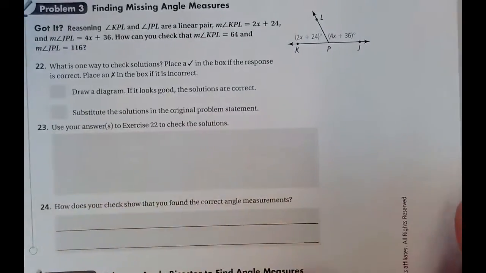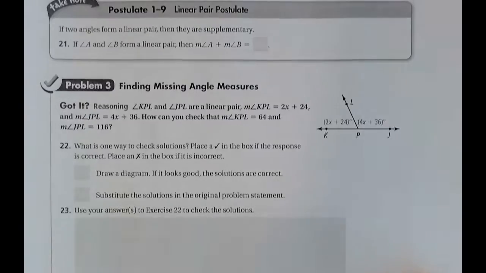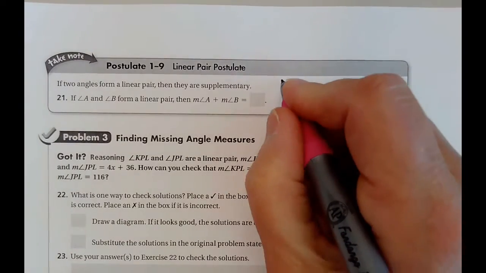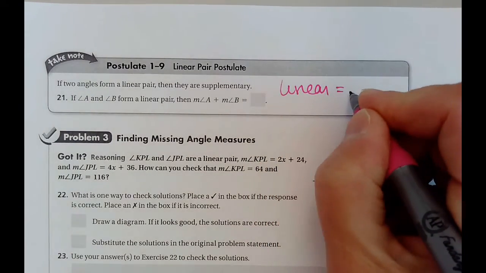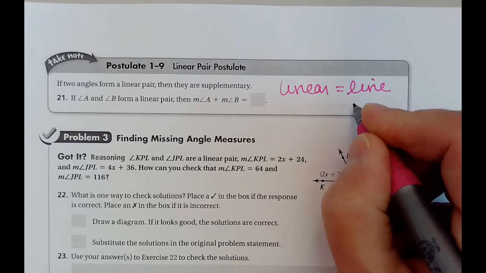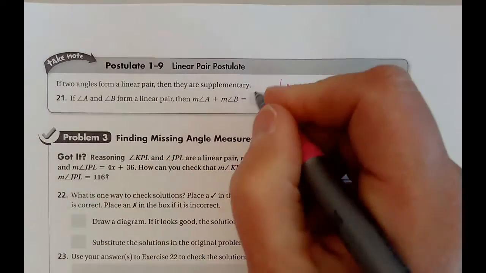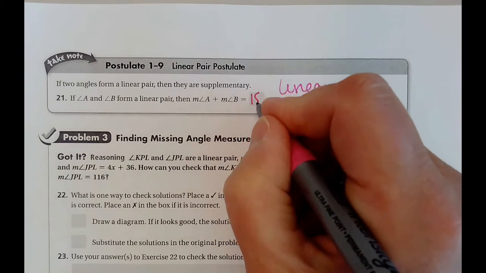If two angles form a linear pair, whoops, let me slide that down, they are supplementary. So linear, remember, means a straight line, which is 180 degrees. So we know that if A and B form a linear pair, then that is 180 degrees.